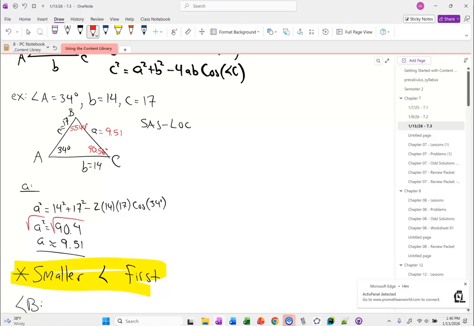Everybody feel good here? So again, fairly straightforward, right? Nothing super tricky happened. The only thing that we really need to be careful about is when we have that choice of which angle to find first, we pick the smaller of the two angles.